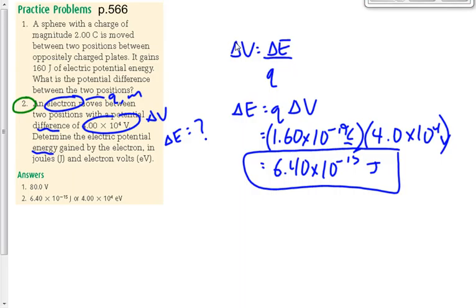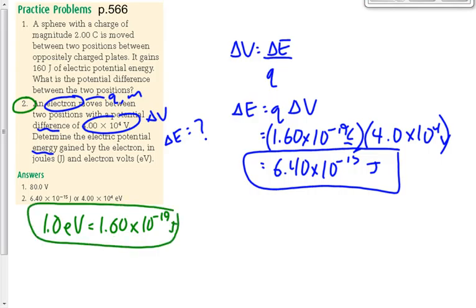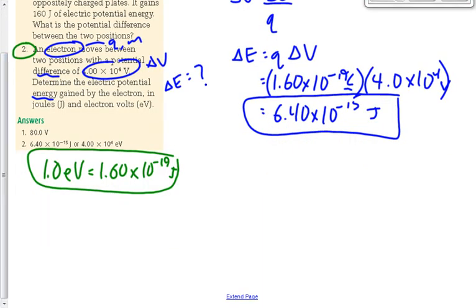To convert it to electron volts, I want you to take a look at your data sheet, the second page. On the left-hand side, about halfway down, you're going to see this: 1.0 electron volts equals 1.60 times 10 to the minus 19 joules. Then I want you to set up a ratio to get the number of electron volts out of this question. We're going to say 1 electron volt over 1.6 times 10 to the minus 19 joules.